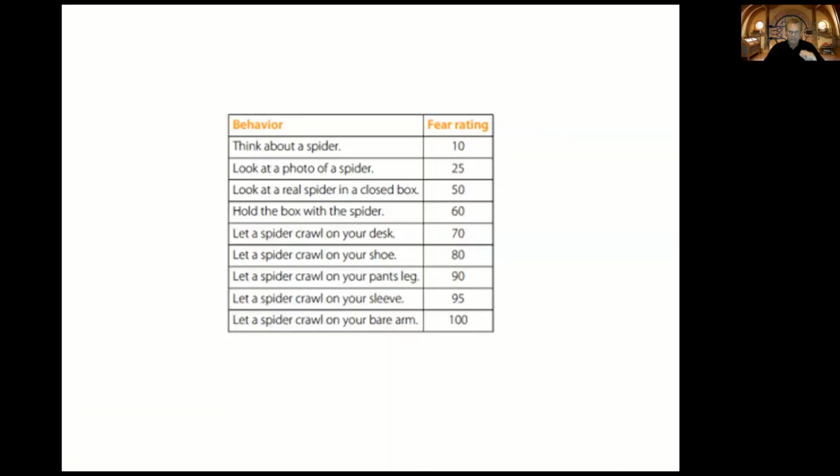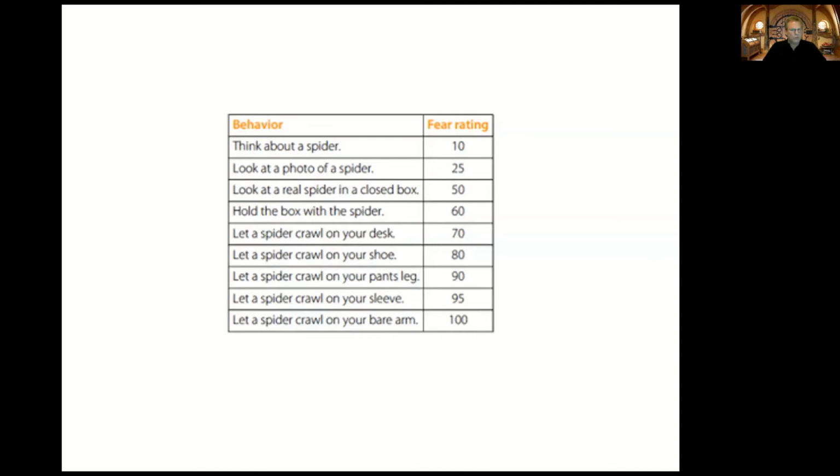And what we find is that when we go through each step by step, by the time in our imaginations we get to the highest rated step in the fear hierarchy, they can actually go in and deal with a real spider without nearly the same level of psychophysiological arousal or fear or adrenaline, the stimulation of the hypothalamic pituitary adrenal axis.